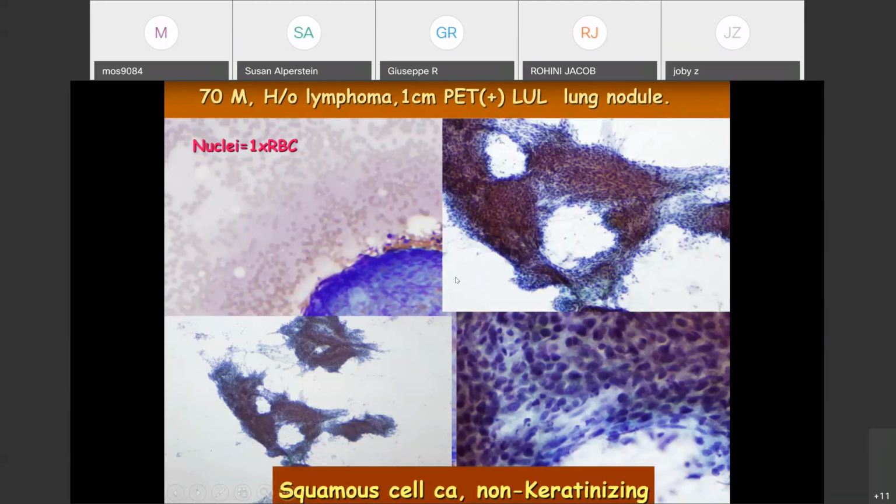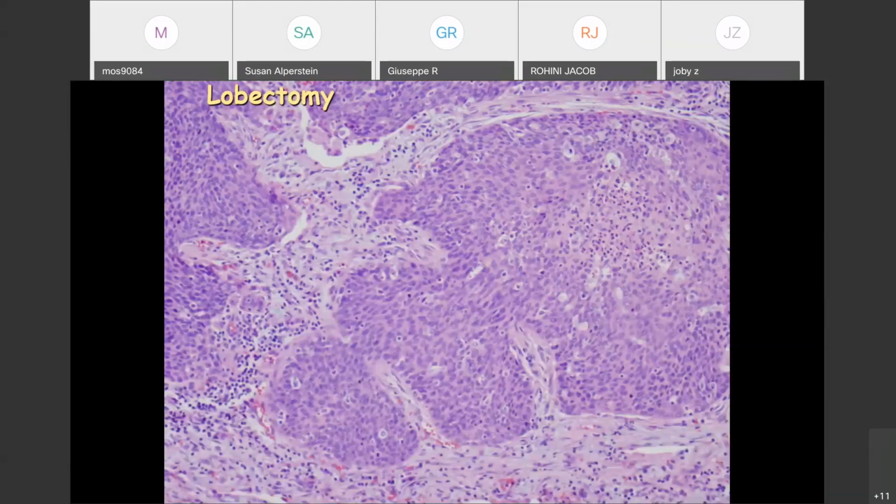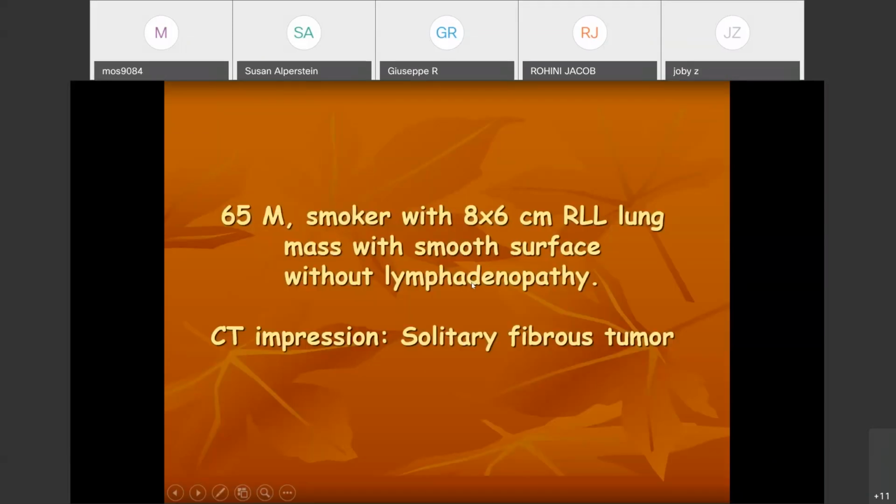It's squamous cell carcinoma, keratinizing. And here's a recut of that case. A very small non-keratinizing squamous cell carcinoma. And a smoker with a lung nodule with smooth surface, CT impression solitary fibrous tumor.